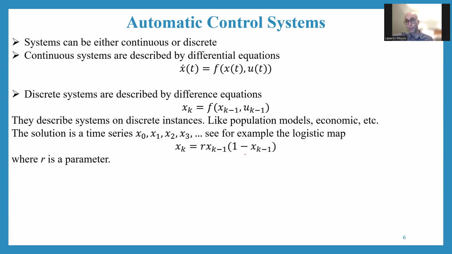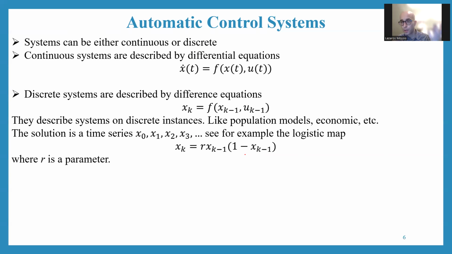But there is another very big family of systems, which are the discrete time systems. Their evolution we don't model like a flow, for example, but we model them in discrete instances. And this is very common in systems where we may not observe them every single moment.